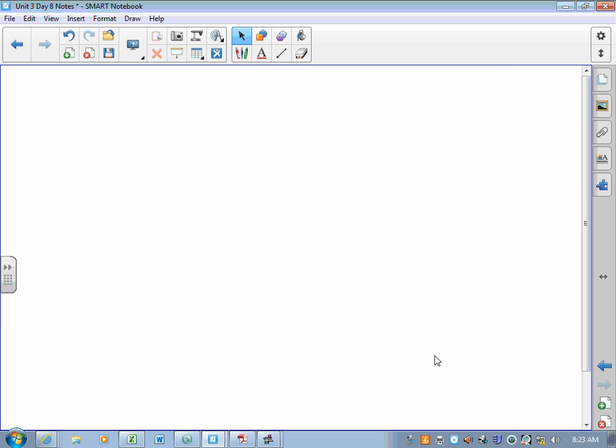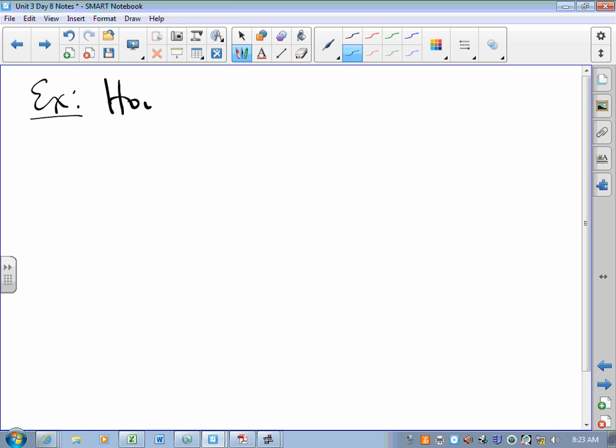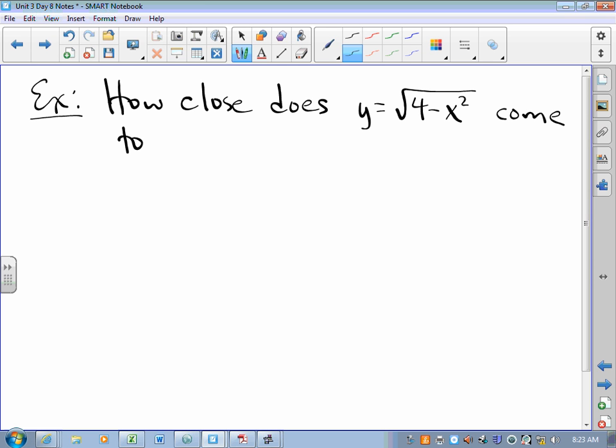Let's try this. Here's a question for you. How close does y equals radical 4 minus x squared come to the point (4, 2)? This is a standard classic question.